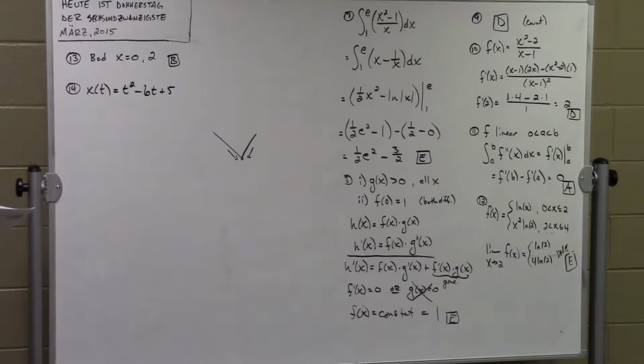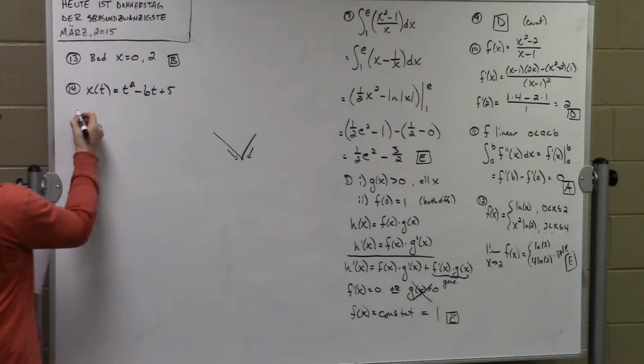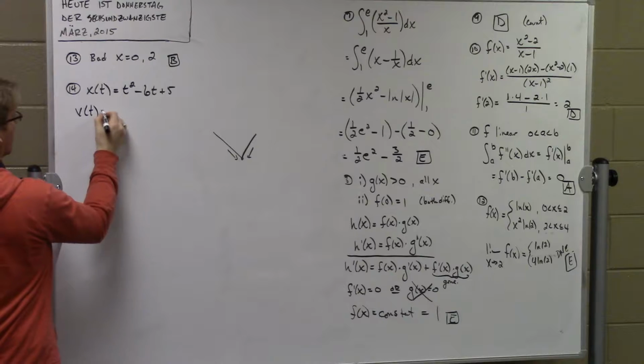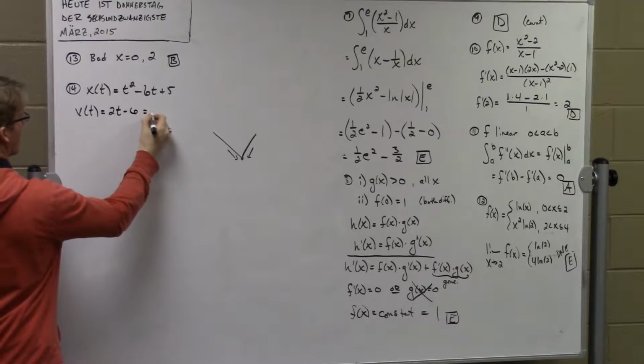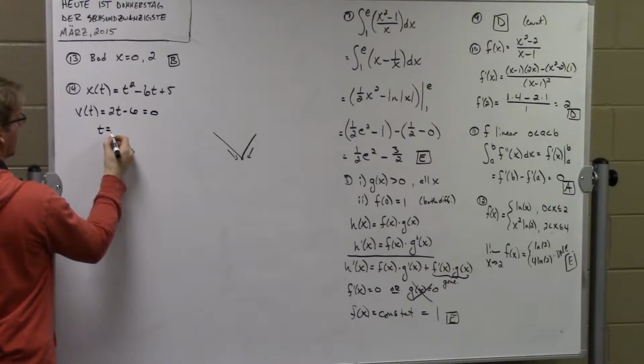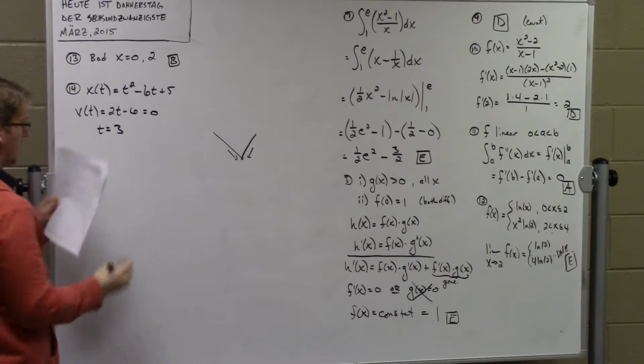For what value of t is the velocity of the particle 0? What's our game plan? Take the derivative, then set it equal to 0. Velocity is 2t minus 6, equals 0 when t is 3. Done.